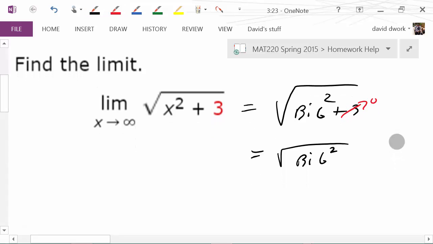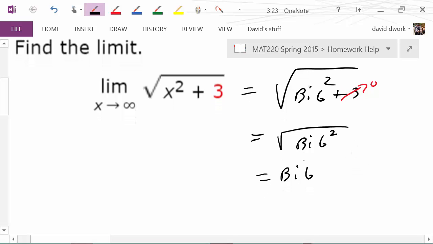Now, what is the square root of something big squared? Notice we're reverting back to a little bit of algebra logic. The square root of something big squared is just something big. And in our meaning here, when we say big, we mean infinity. So the solution to this limit would be infinity.